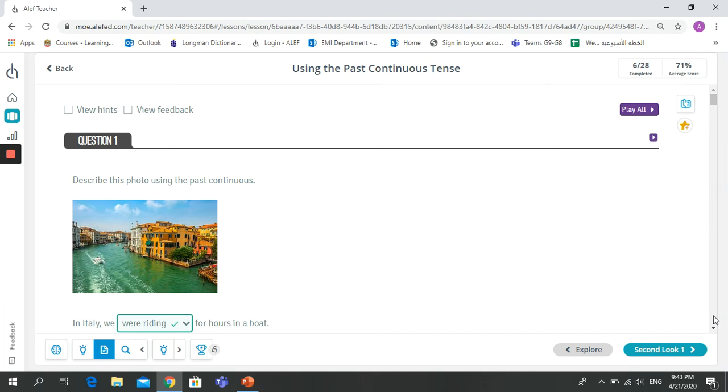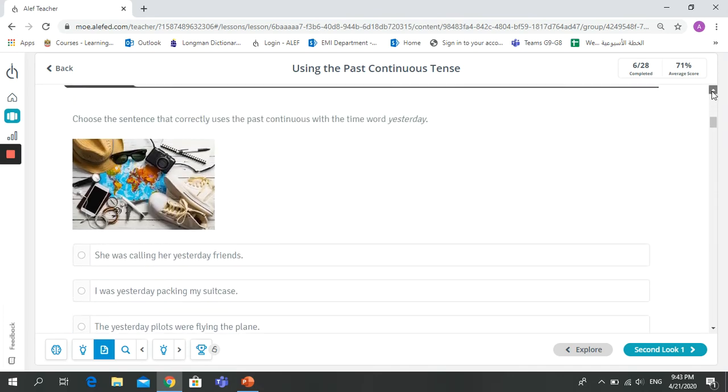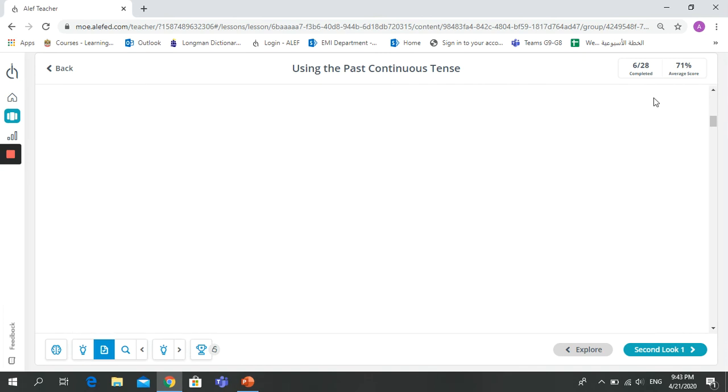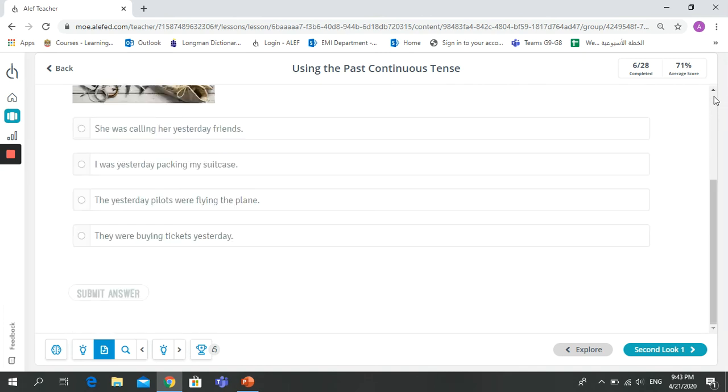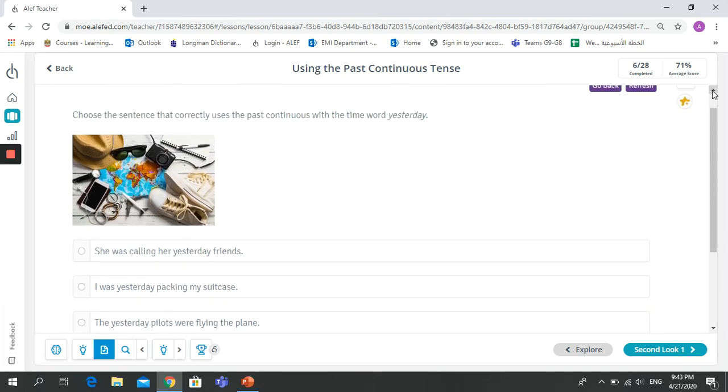What about this question? Let's check this question. Now choose the sentence that correctly uses the past continuous with the time word yesterday. So yesterday is a time word.